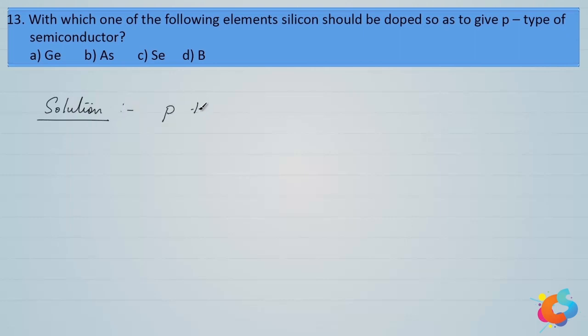P-type semiconductors are obtained when silicon or germanium are doped with traces of elements of group 13, that is indium, boron and so on. Therefore, the right option is option D.